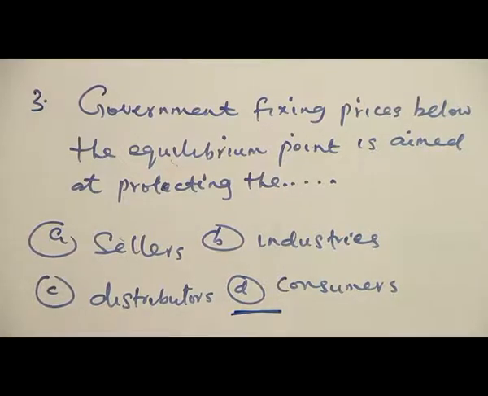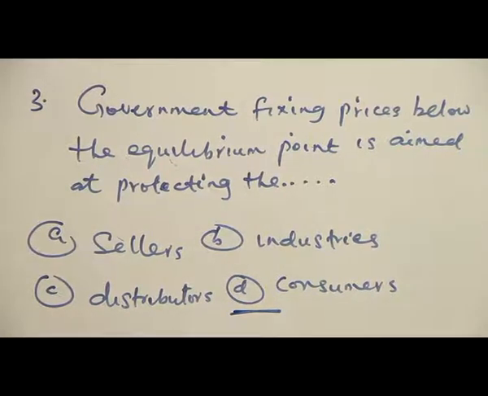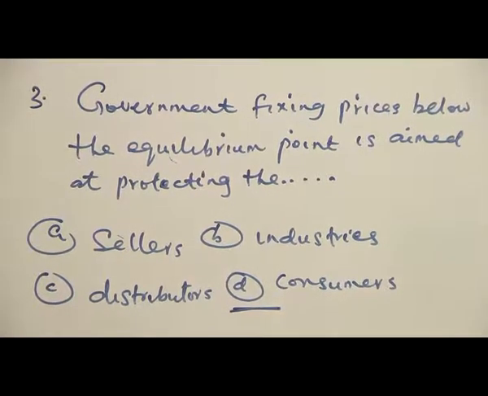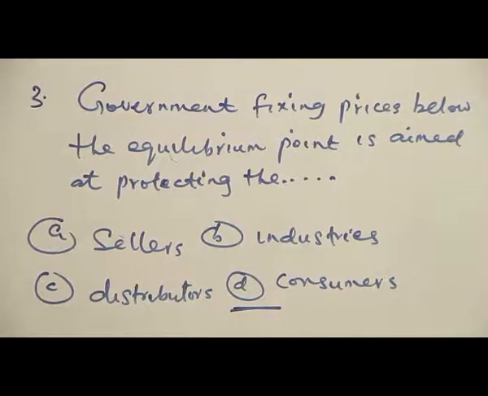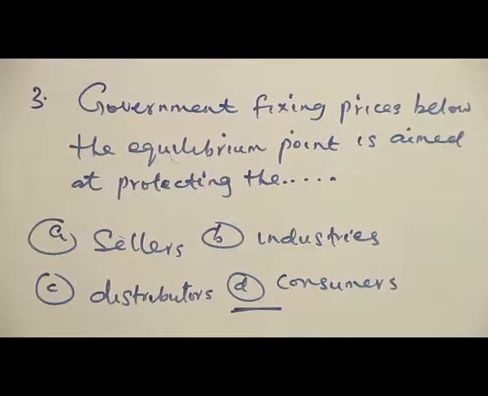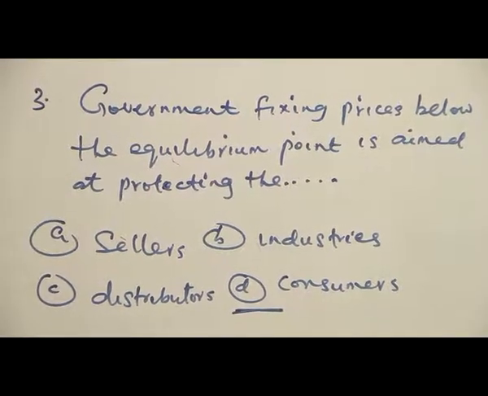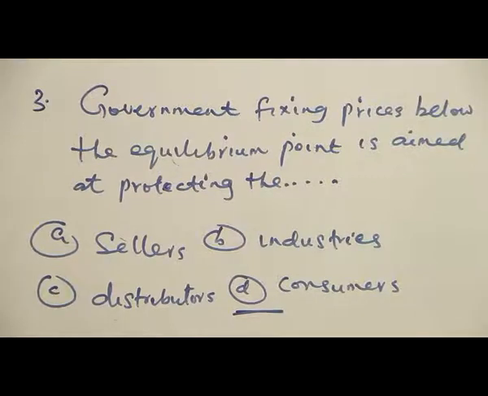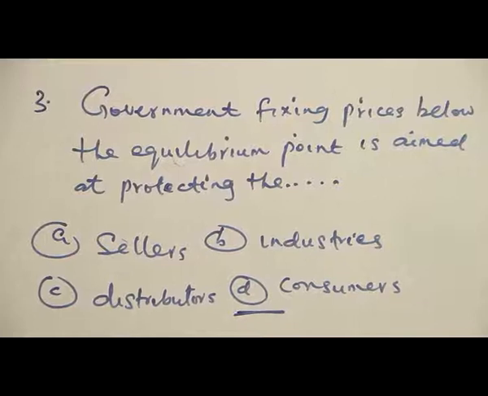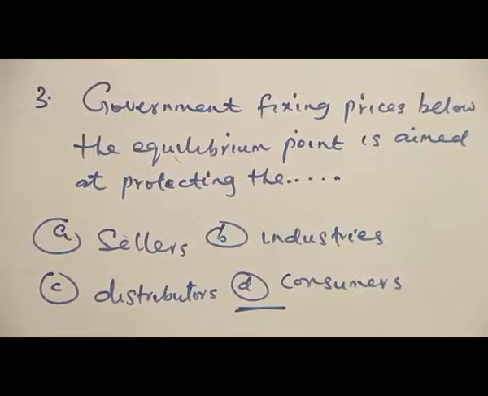Protecting the consumers. We said that the government has put in place policies, and the policies are there to protect maybe employees or consumers. But with respect to this, because the price is fixed below the equilibrium point, consumers are protected against the exploitative attitude of sellers or producers.